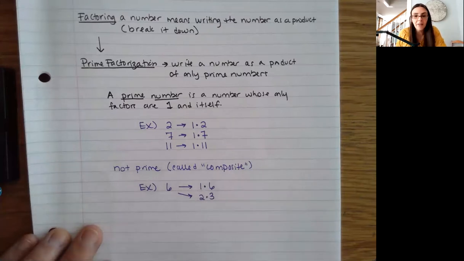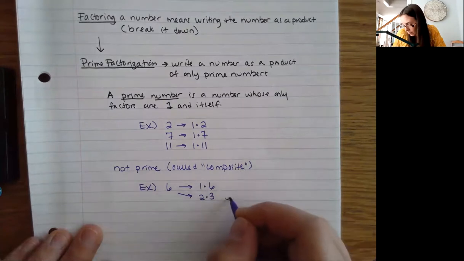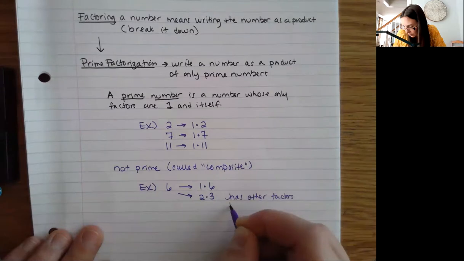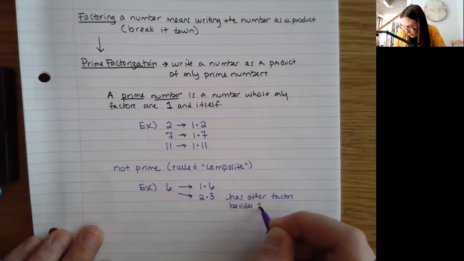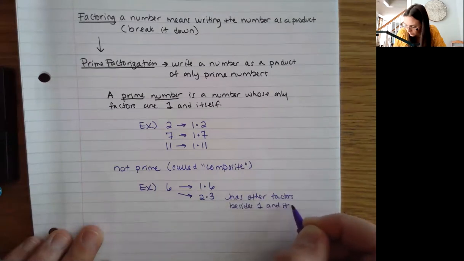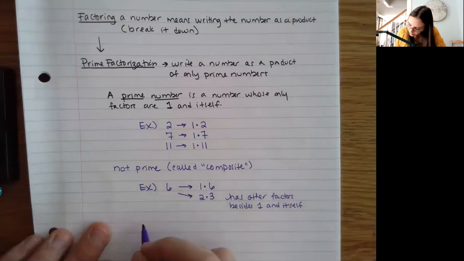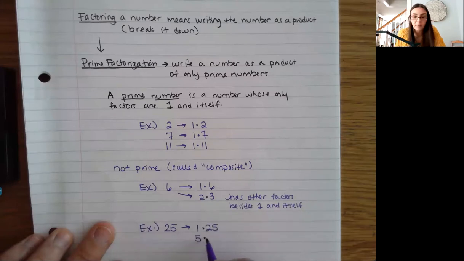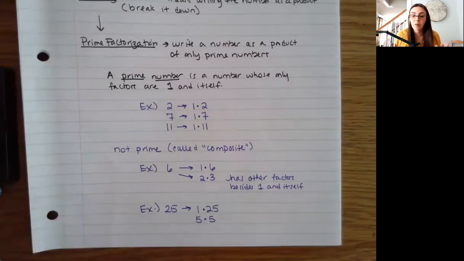So it has other factors besides only 1 and itself. Or another example here could be the number 25. So 25 is 1 times 25, but it's also 5 times 5. So 25 has another factor, the number 5, besides itself.